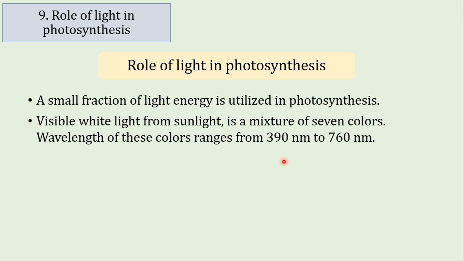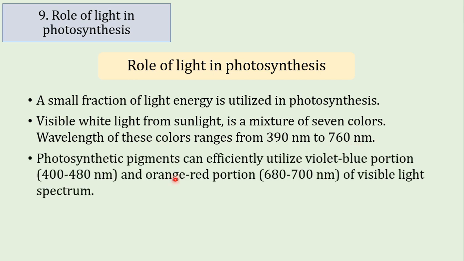So the violet color starts from the 390 nanometer wavelength, and the red color ends at 760 nanometer wavelength. We know that very well from the discussion of electromagnetic waves in physics. So the photosynthetic pigments can utilize only the violet blue portion and the orange red portion of the visible light spectrum.